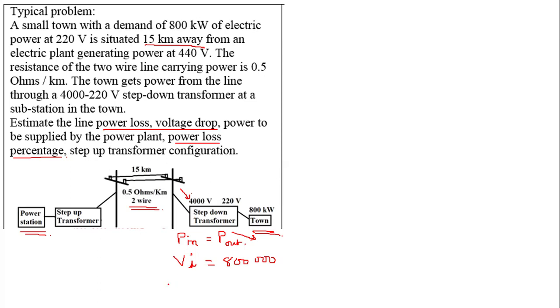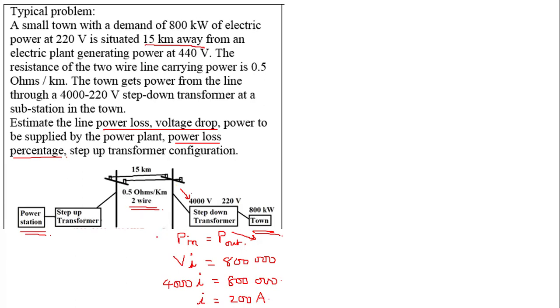So that means I can calculate the current as 200 amps. 200 is a pretty large current. Why are we interested in this current? Because that is the current which is flowing in these transmission lines.